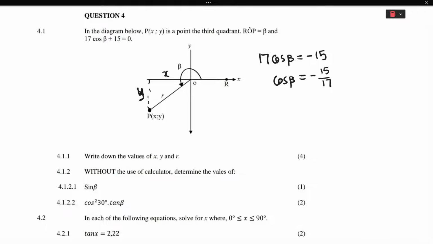When x is negative, this tells you that you are doing a very good job, because you know the quadrant where you should draw your Cartesian plane.